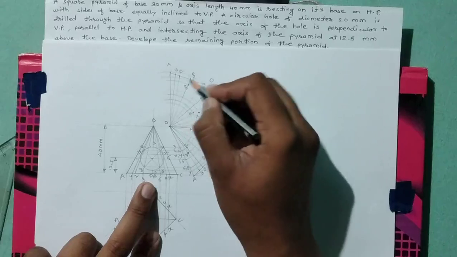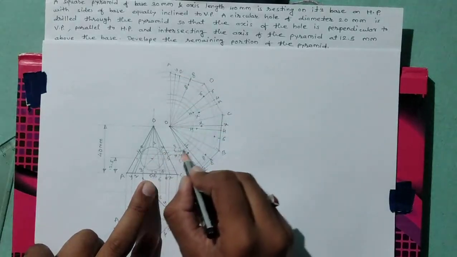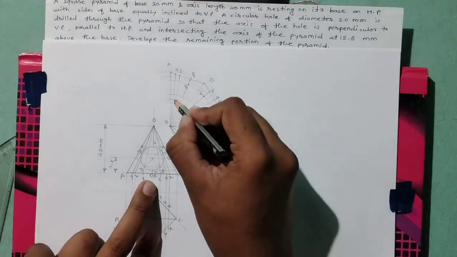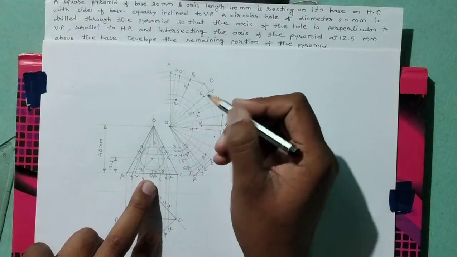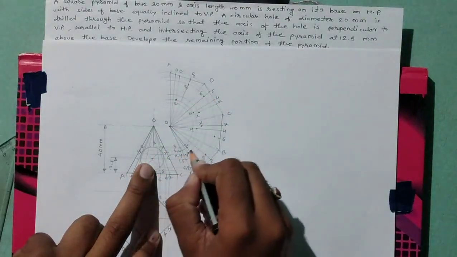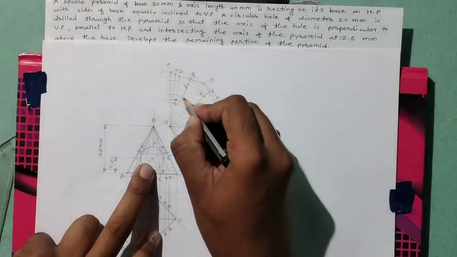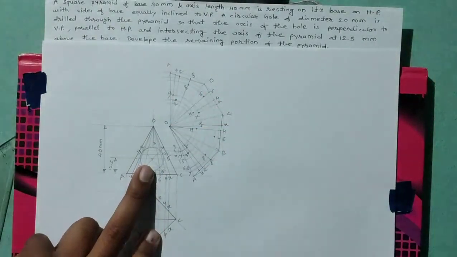Here is our point 8. Again there is point 2, we have to go for 2 over here. Again there is point Y. Here is the projection of point Y.